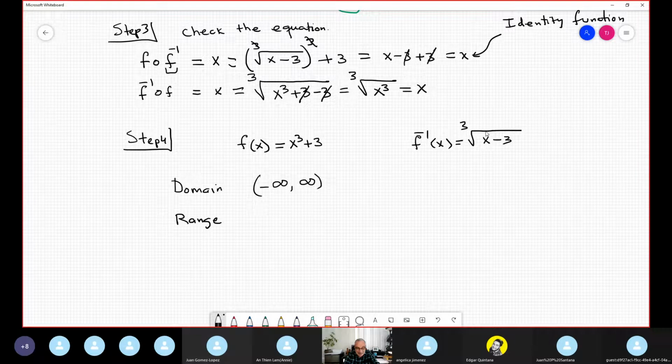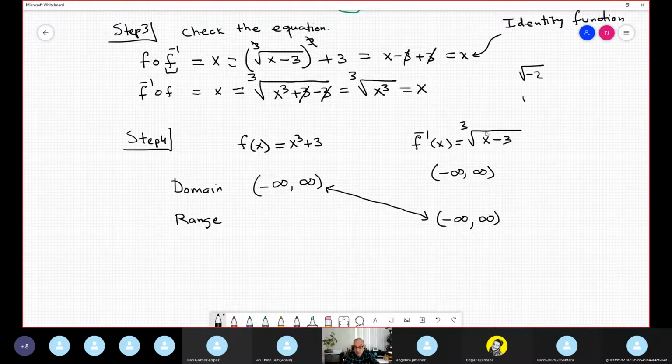And it's exactly the same as the range of the inverse. So you copy and paste. This and this are the same, 100%. And the domain of this is also all real numbers, because a square root doesn't allow a negative number inside, but a cubic root does. The cubic root of negative 27 is negative 3, because negative 3 times negative 3 times negative 3 is negative 27.